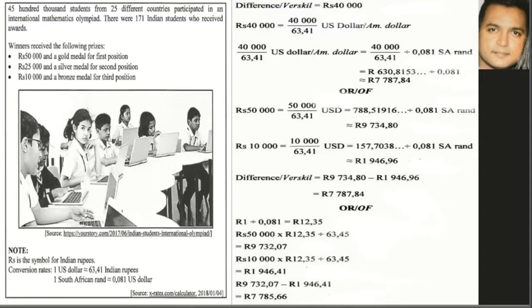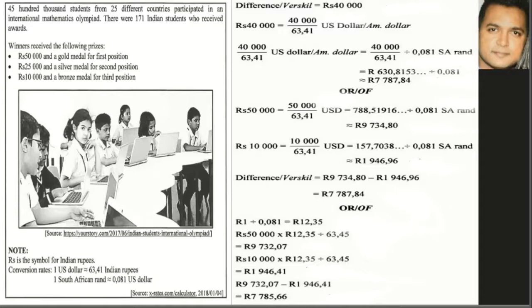Now looking at this information, you see in the first steps given to you, this is basically what I've explained to you on the previous slide, and you can see that they've used the difference and converted that. In the next method, what they've basically done is taken the 50,000 and converted that into rands, and they have taken the 10,000, converted that, and then worked out the difference, which we have spoken of.